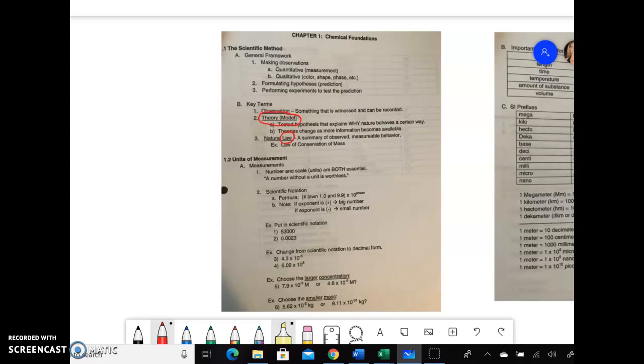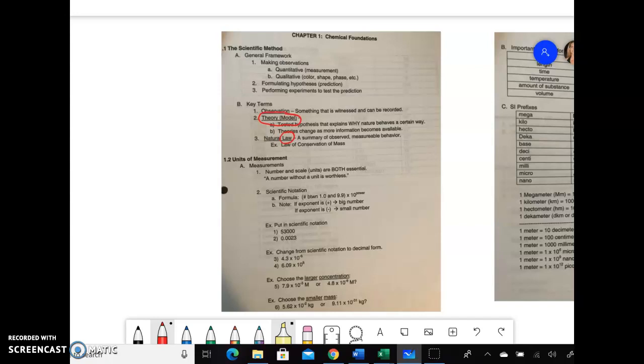And theories have changed throughout the years. We used to think the world was flat, and now we think it's more of a sphere. We used to think that the universe was geocentric, that we were the center of the solar system, and now we think it's more heliocentric, where the sun is the center of the solar system. So a lot of theories can change throughout time.